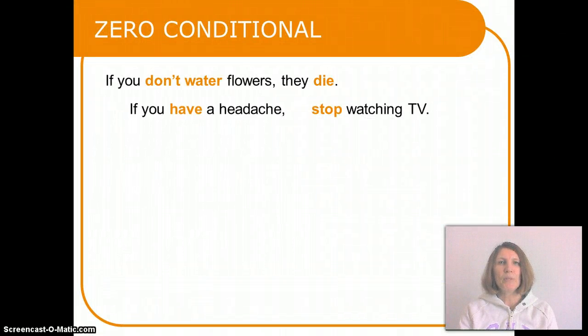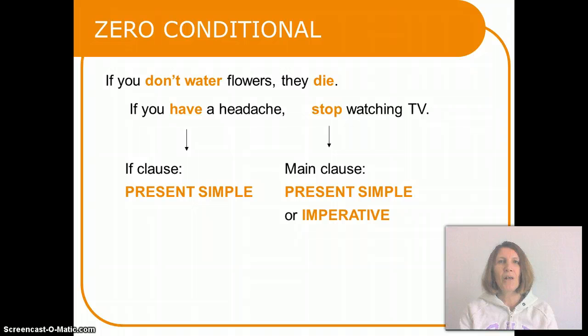Here are two examples. Read these examples to yourself, and let's see if we can figure out the rule. So, in this example, the if clause is in the present simple tense. And what follows in the main clause is also in the present simple tense, or it's an imperative to stop doing something.